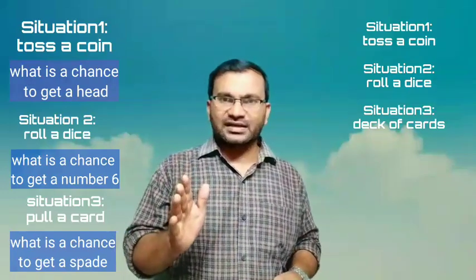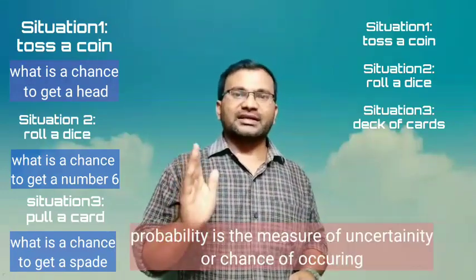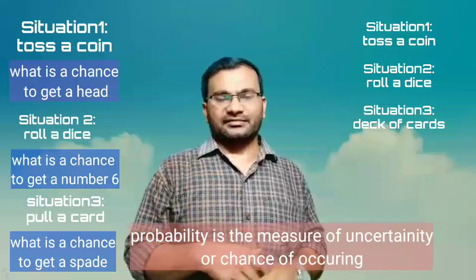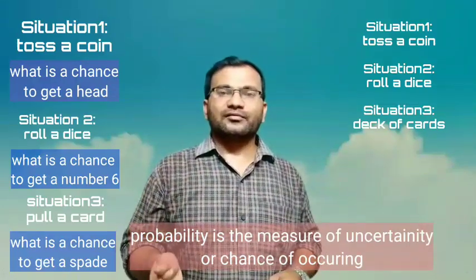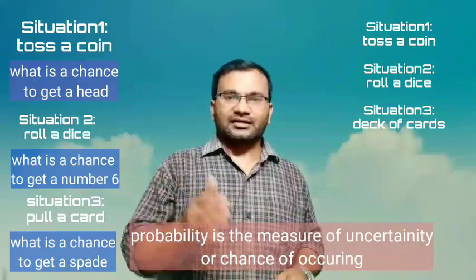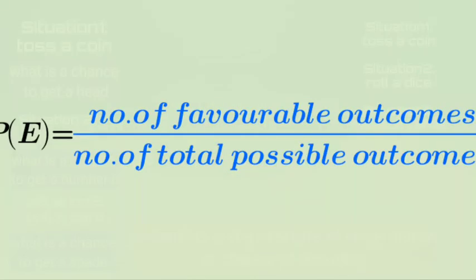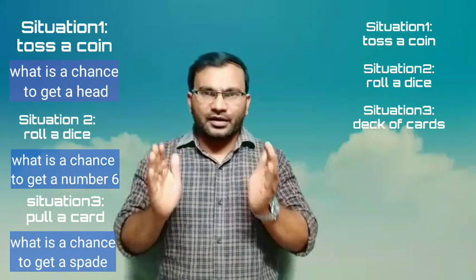Yes, probability is the measuring of uncertainty or chance of occurring. Already you know what probability means. Formula for probability: probability of an event P of E is defined as number of favorable outcomes divided by number of total possible outcomes. Let us start with a coin.